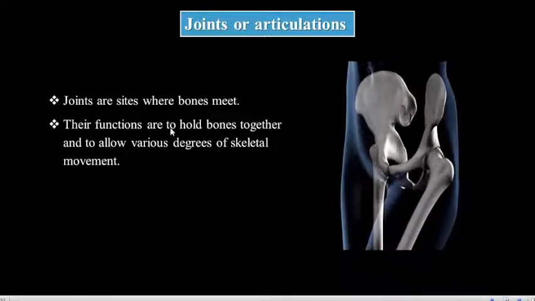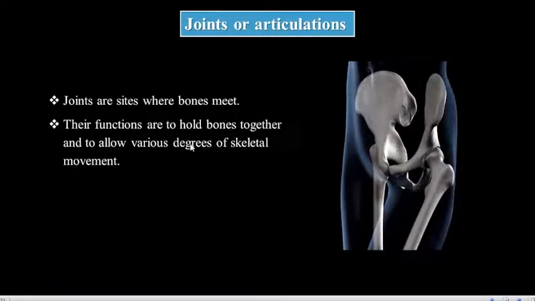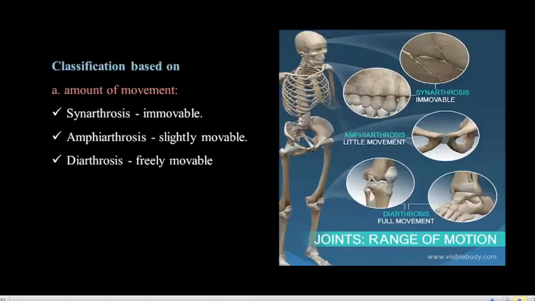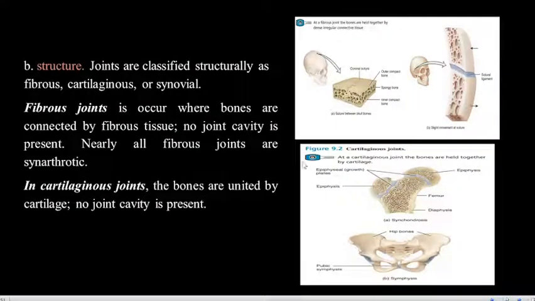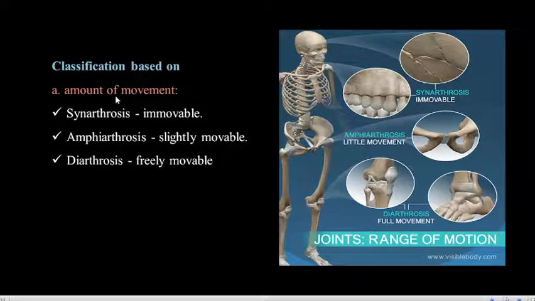Their functions are to hold the bones together and allow various degrees of skeletal movement. So, meron tayong tatlong classification. So, first, you can classify joints based on movement. So, synarthrosis, meaning, itong joints na ito, it does not allow movement. Kaya yung bones na dinidikit ng synarthrosis na joint is immovable.